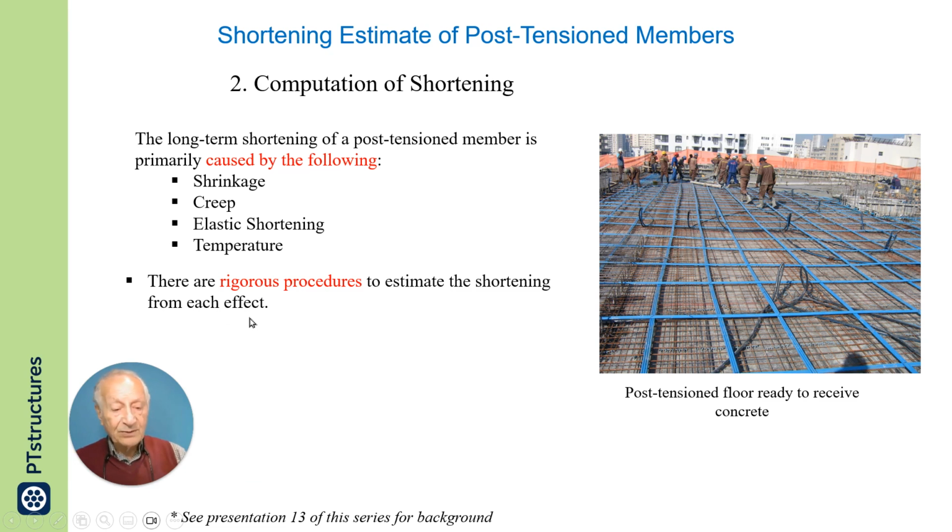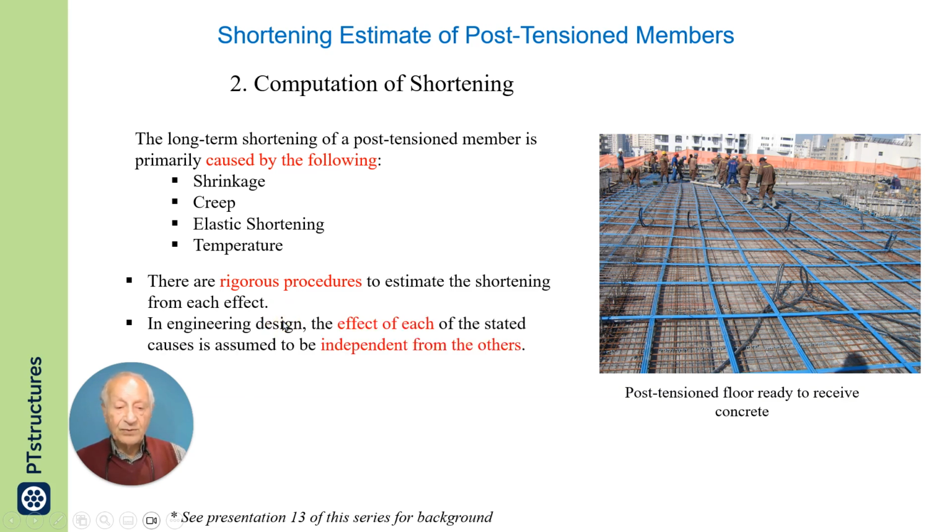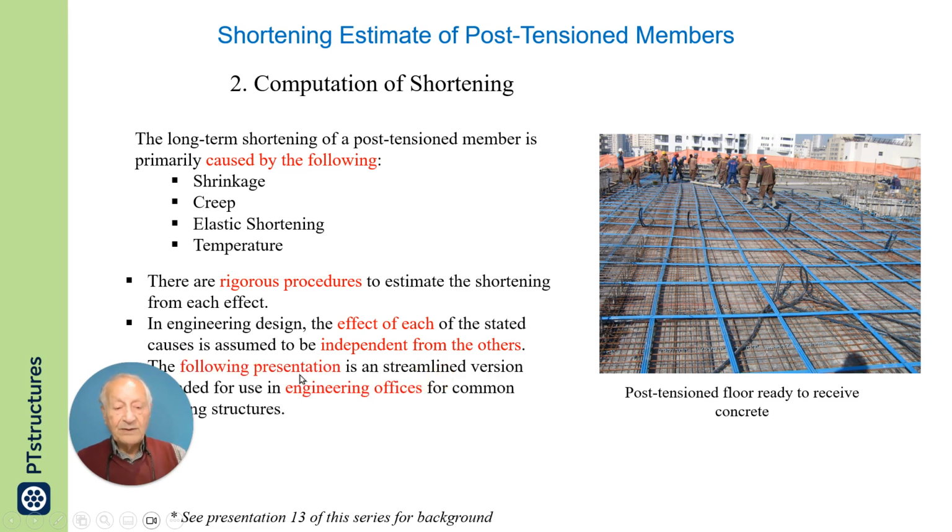European Code EC2 also has a special publication to determine in detail the amount of shortening. But in engineering design, in our everyday work, an approximate method is used, and the effect of each of these parameters like creep and shrinkage is assumed to be independent from the other.